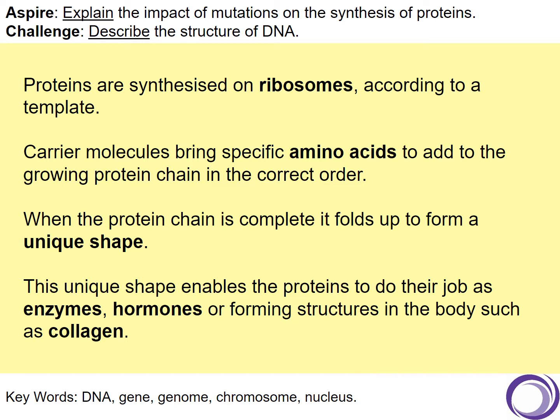It wouldn't be any good if this ribosome was just knocking out all these random proteins and the proteins being produced didn't have the correct order of amino acids to do the job that needed doing. So in order for cells to function properly, specific amino acids are assembled into specific proteins which have a unique shape and can therefore do a very specific job. It's by no means random.